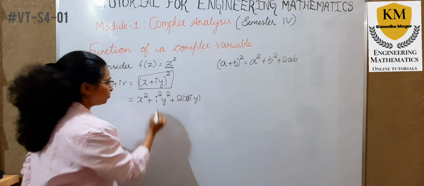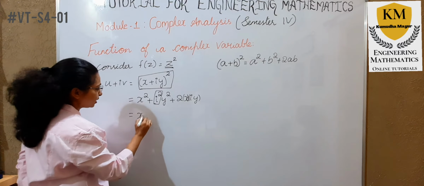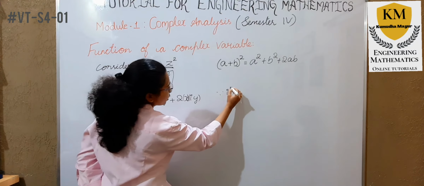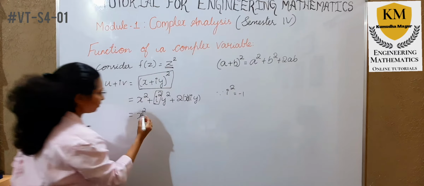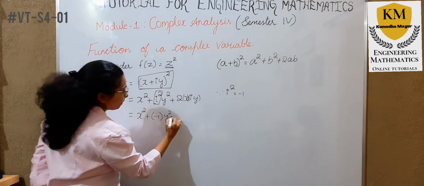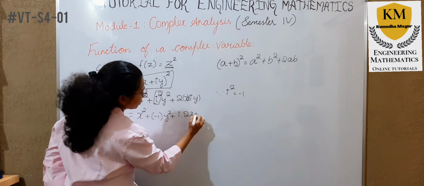Here you need to observe. So let me write this as x square. The value of i square, since i square is equal to -1, so let me write this as plus of -1 y square plus i of 2xy.